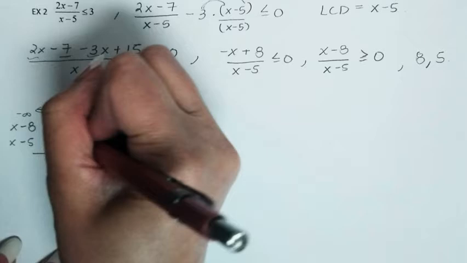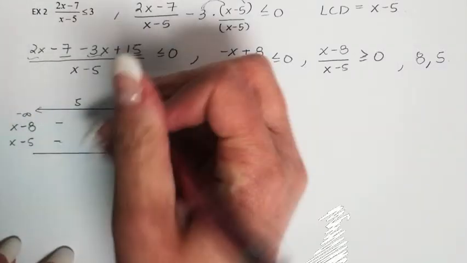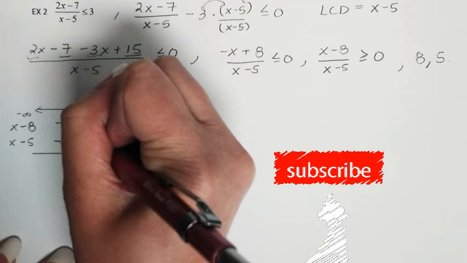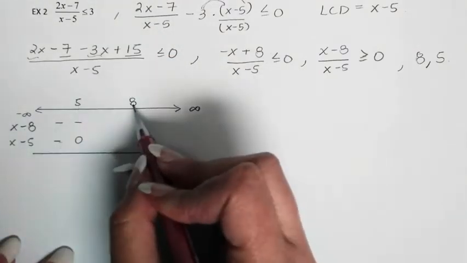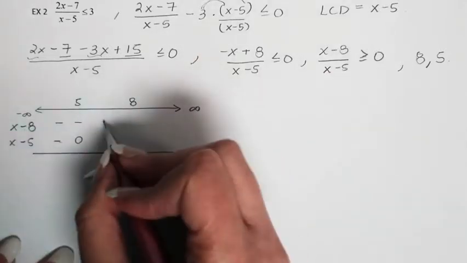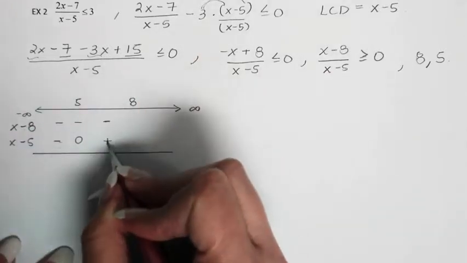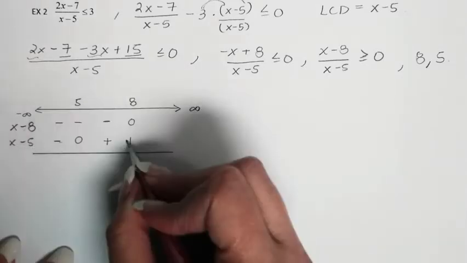If you plug 0, this is going to be negative and this is going to be negative. If you plug 5 here, that's going to be negative and this is going to be 0. Now plug a number between 5 and 8. You can plug 6. If you plug 6 here, that's going to be negative and this is going to be positive. If I plug 8 here, this is going to be 0 and this is going to be positive.